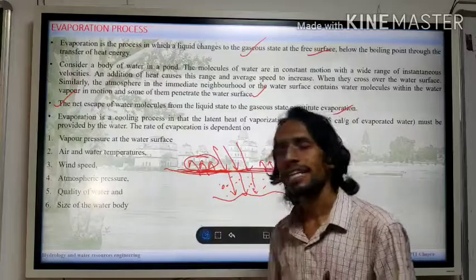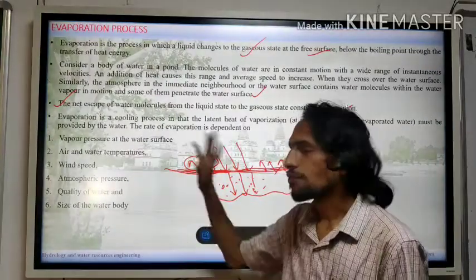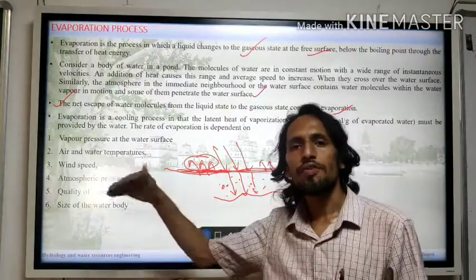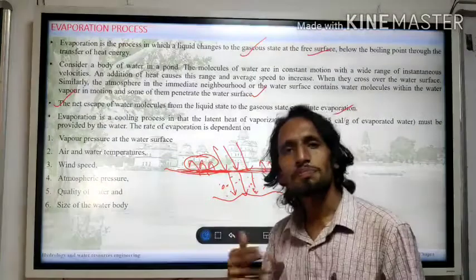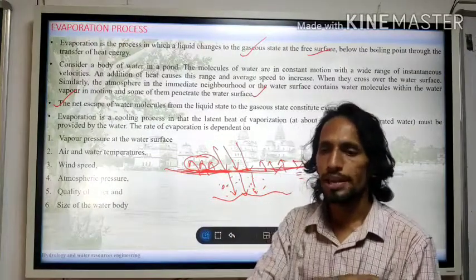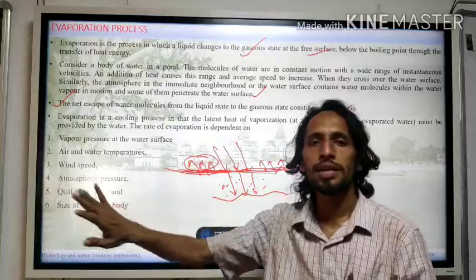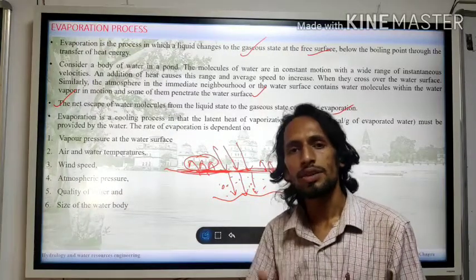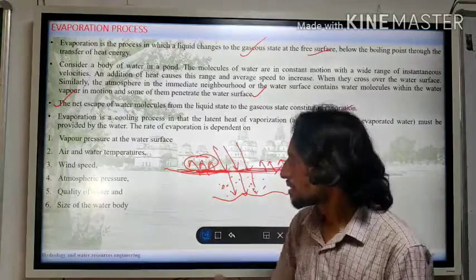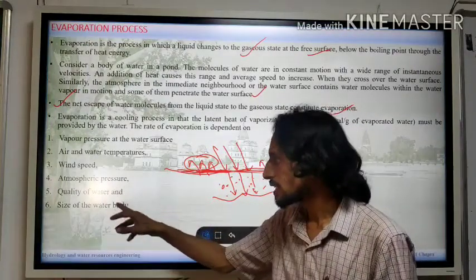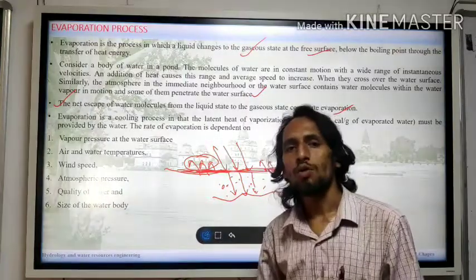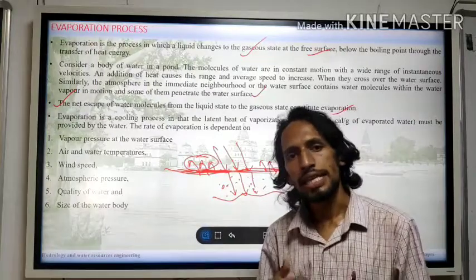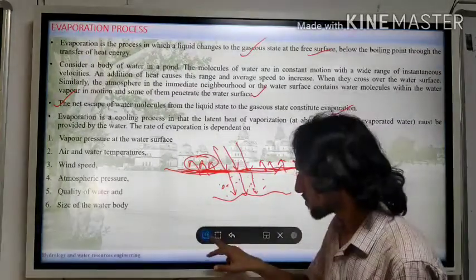The first factor is vapor pressure of the water surface, then temperature of air and water, then speed of wind, because when wind is high, it will remove the vapor and the vapor pressure will reduce for the system. Then atmospheric pressure, quality of water, and size of water body. Size of water body also affects evaporation.